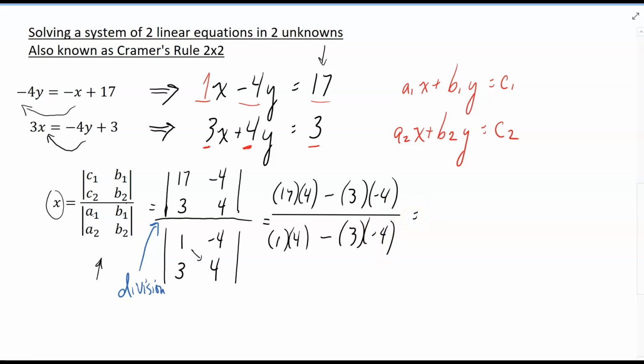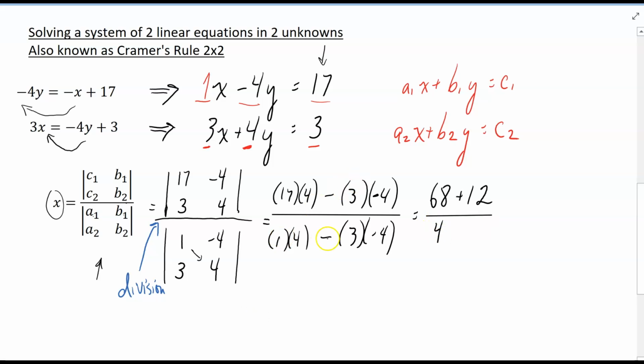Okay, let's see. 17 times 4 is 68. And we will be subtracting -12, which is the same as adding 12. In the denominator, 1 times 4 is 4.